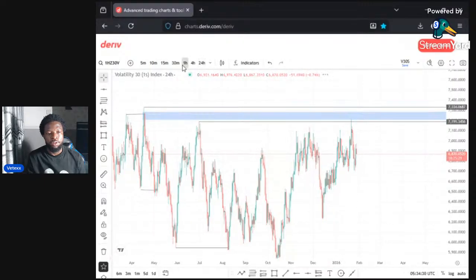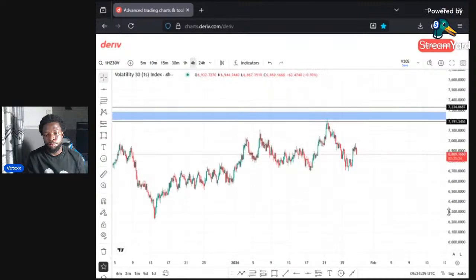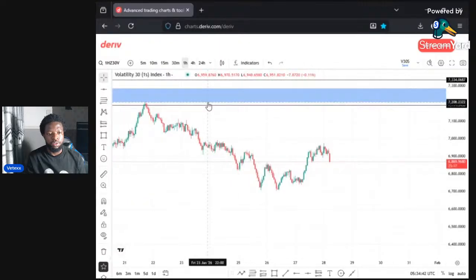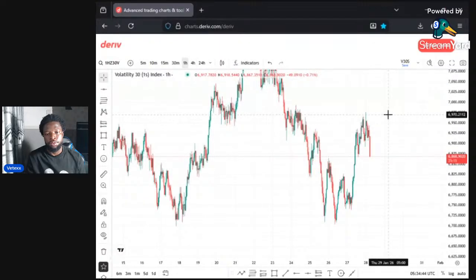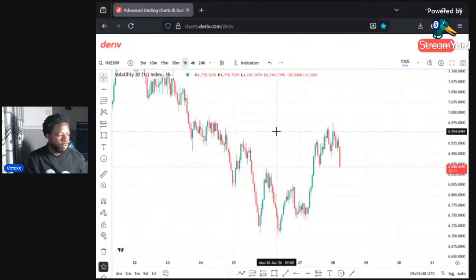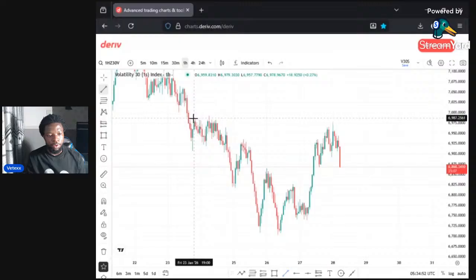Then let's go to the 4-hour time frame first and see if we see our continuation on that time frame. Currently we don't see continuation here. Let's go to the 1-hour time frame. Of course, there is a continuation on this 1-hour time frame right now. Let's mark it out. We have our sweep here.